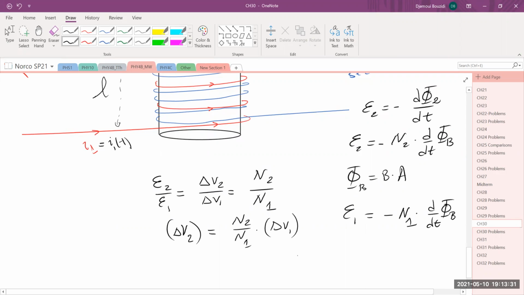This number could be more than 1 or less than 1. Your initial voltage could be, for example, 120 volts, and your ending voltage could be 5 volts if you want to. If you play with this number N2 over N1 so that it's 5 over 120, this would be a step-down transformer.